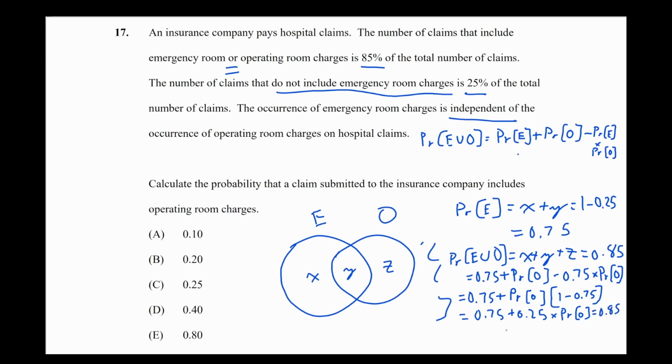So now it's just moving the terms to each side and solving for the probability of O. When we do this, we know that the probability of O is equal to 0.4. And 0.4 is going to be our answer, and that's answer choice D.